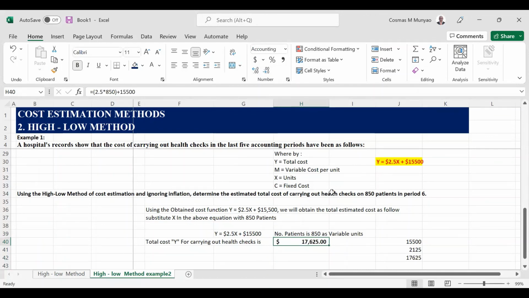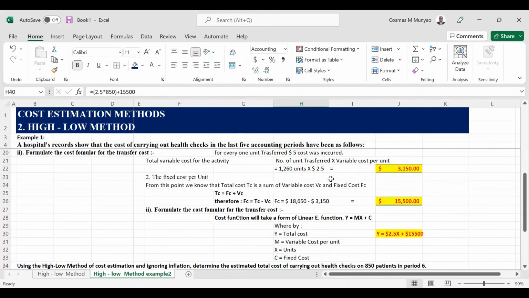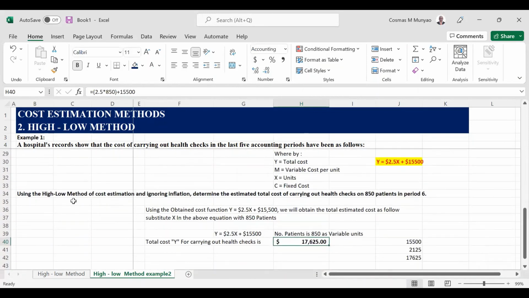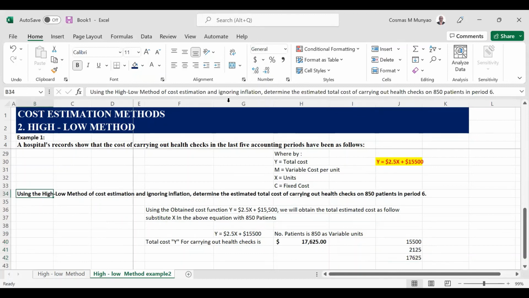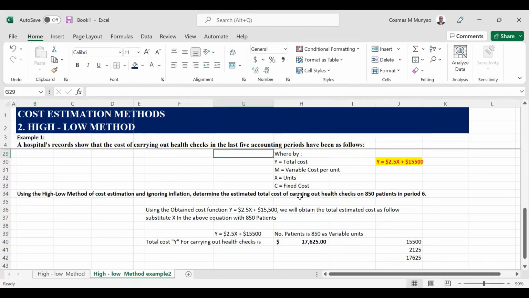Just like that, you've known the concepts of the high-low method, and in the next topic, we'll include some adjustments if there was inflation: where inflation affects, and what to do when you find there is inflation in the question you're given.